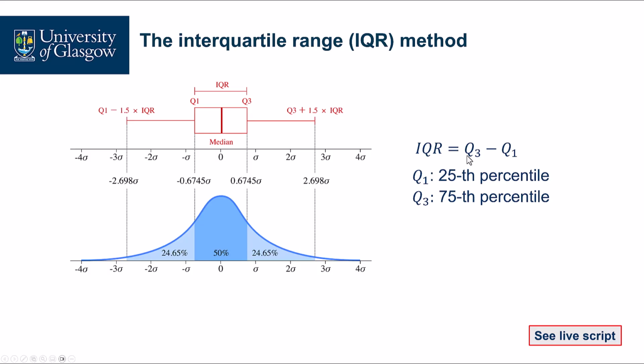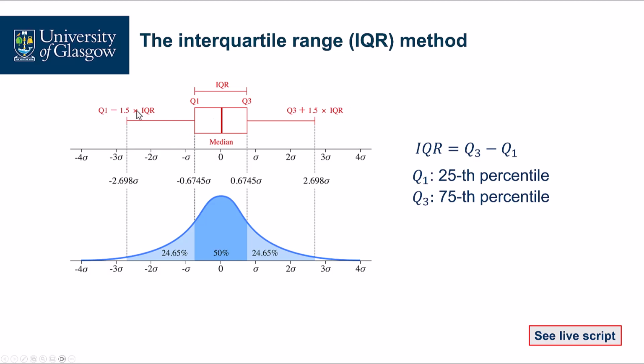With Q1 and Q3, according to this data distribution, we can find the median is here, Q1 is here, and Q3 is here. Q3 minus Q1 is the value of IQR. Then on the right side, we go from Q3 and add 1.5 times IQR.